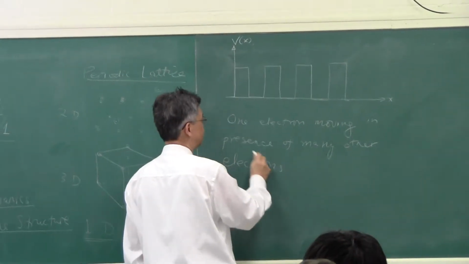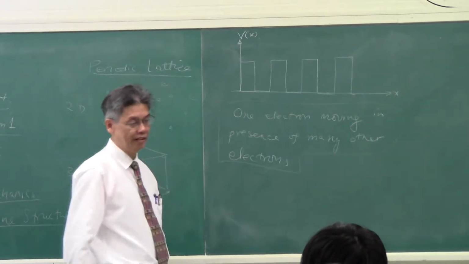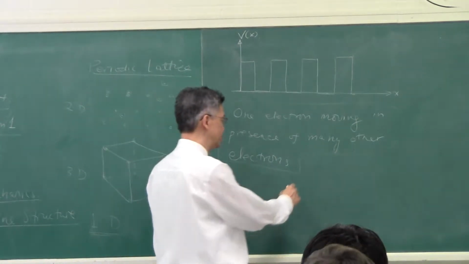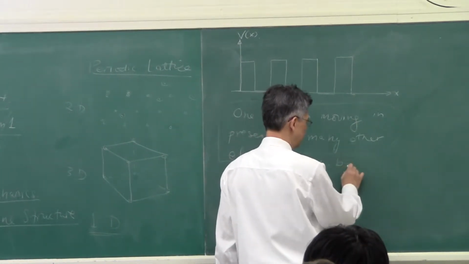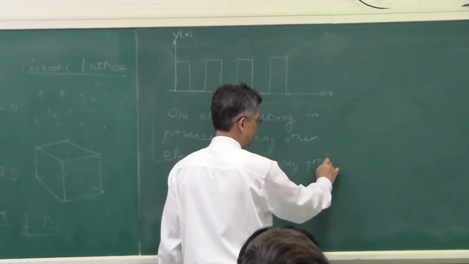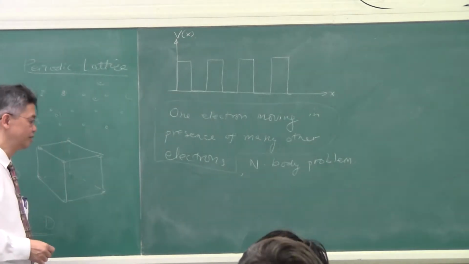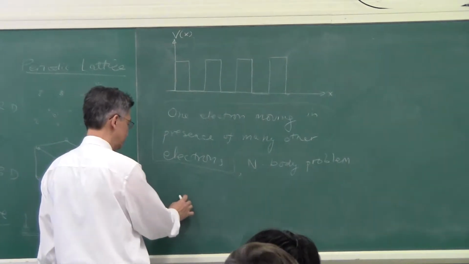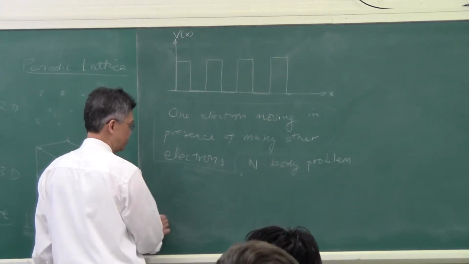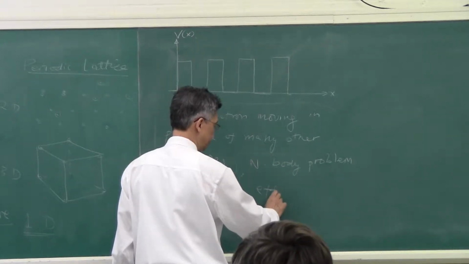But this is an extremely complicated problem to solve. If you want to solve many electrons interacting with each other, that's usually called an n-body problem in physics, and it's extremely difficult to solve. So we want to simplify things. And we say that if we have an electron, the other electrons just form an effective potential. Okay, the other electrons form an effective potential.